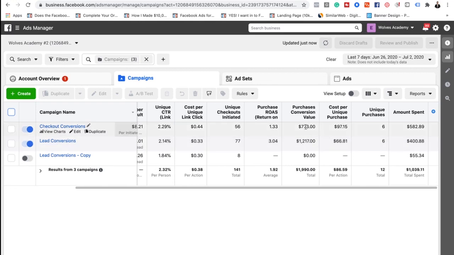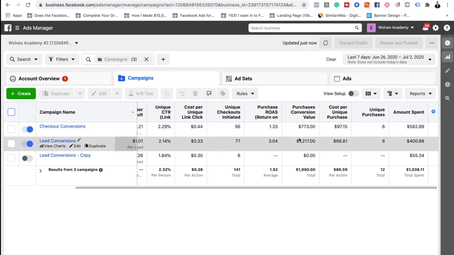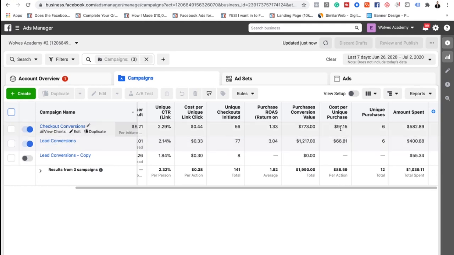So my earnings per purchase is roughly around KPIs on the checkout conversions. My earnings per purchase, or average order value, for my lead conversions is actually over KPIs. My cost per purchase for lead conversions is around KPIs, and my cost per purchase on my checkout conversions is a little bit higher than I'd like, but it is still profitable.